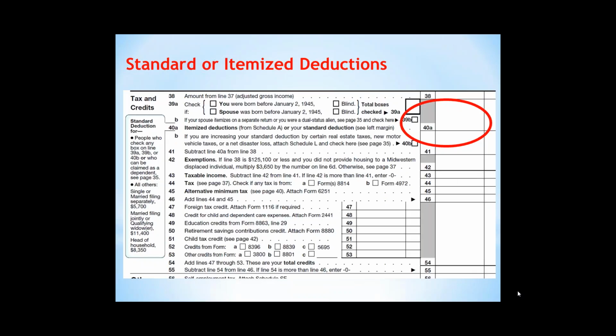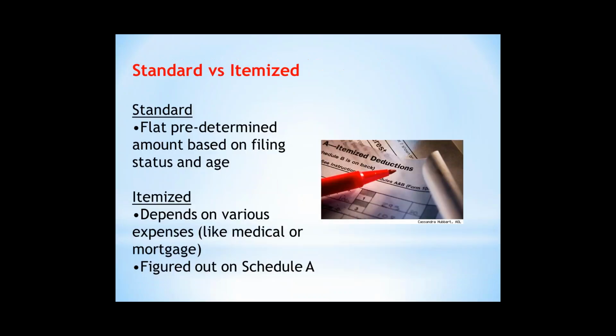So we're going to go into a little bit more detail on itemized versus standard deductions. A standard deduction is the amount that everyone receives for filing a tax return. It's basically based on the filing status as well as the client or taxpayer's age.